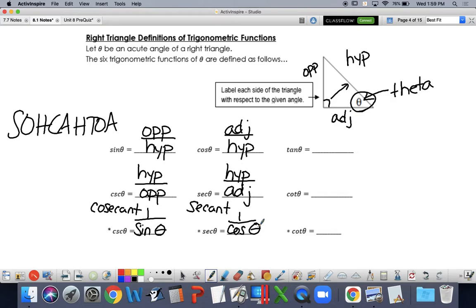And then last, we have tangent, which is opposite over adjacent. That is partnered with what's called cotangent, which is adjacent divided by opposite, or 1 divided by the tangent of theta.